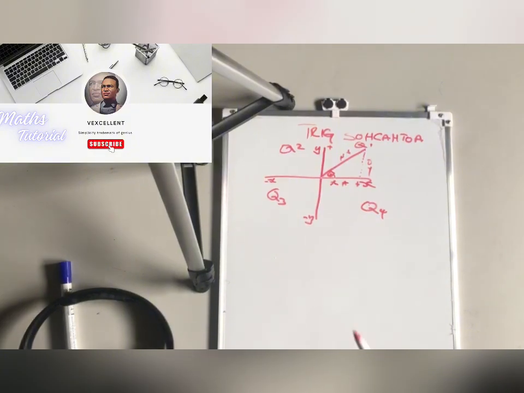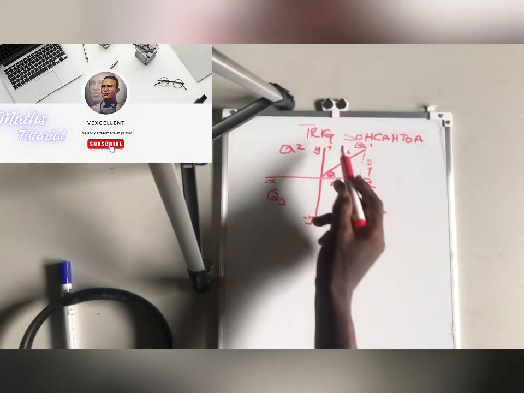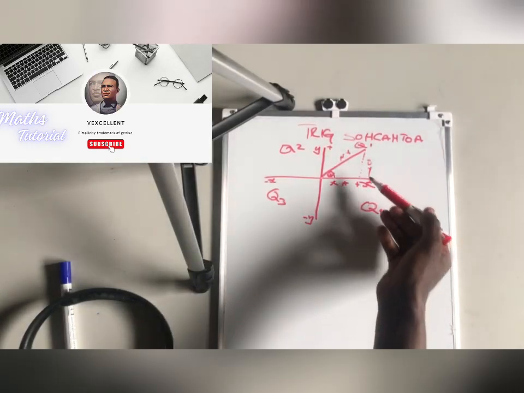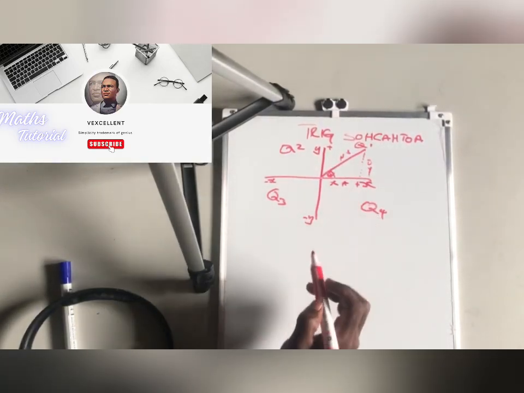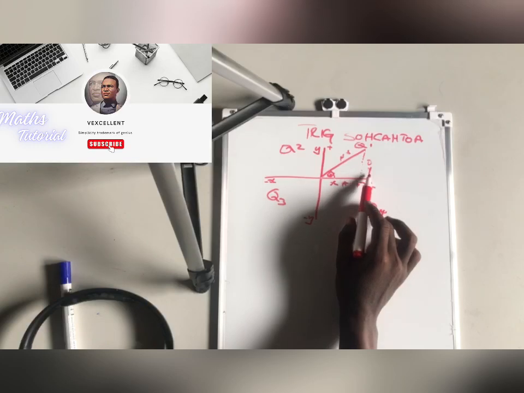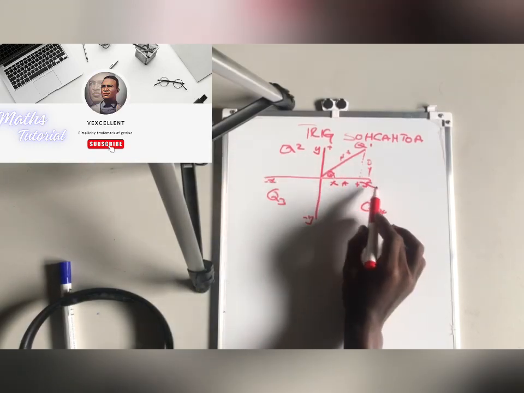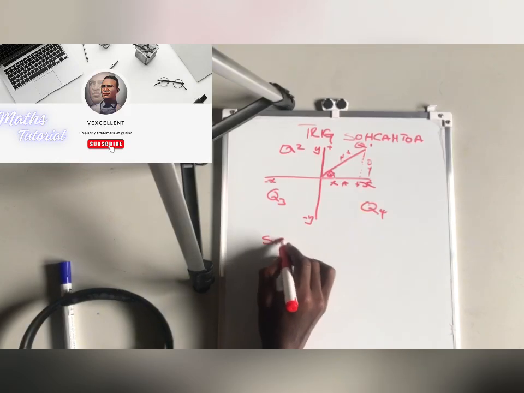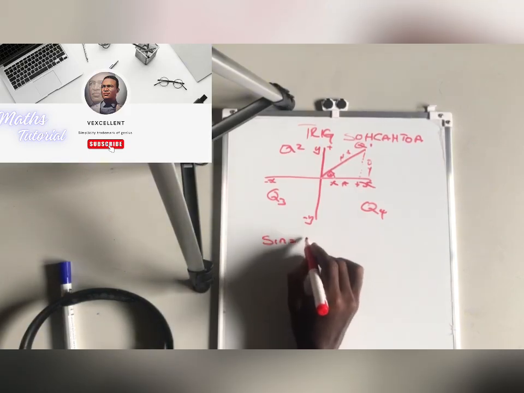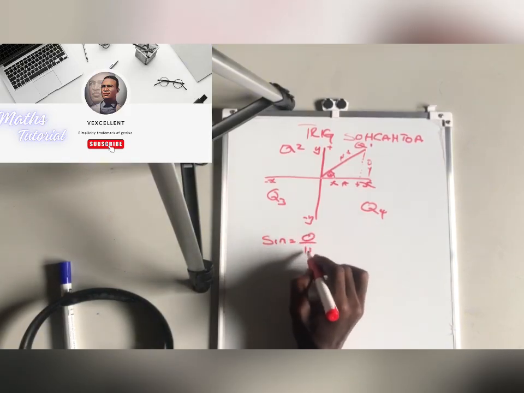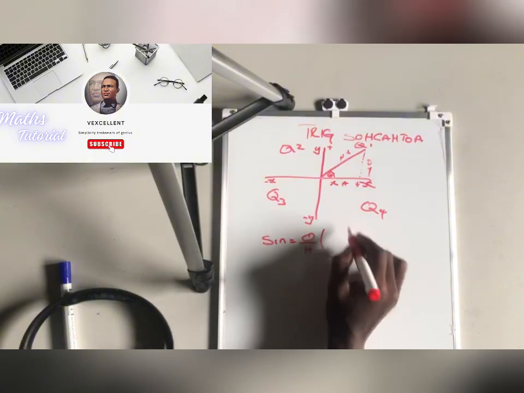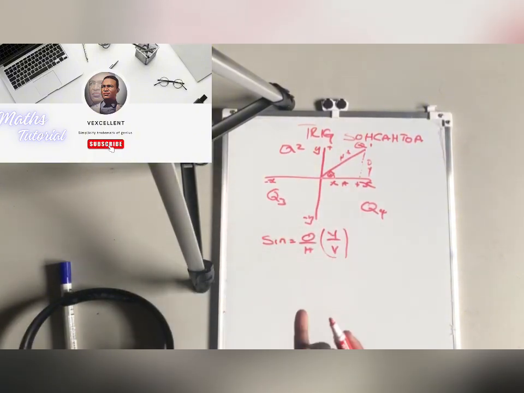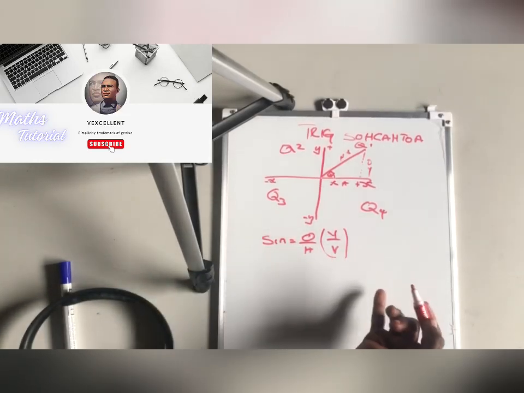Now we check the line. Sine is opposite over hypotenuse, which is y over r. In the first quadrant, your y is positive and your x is positive. So sine is y over r.